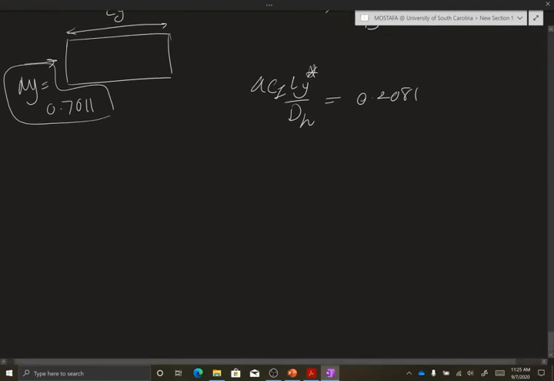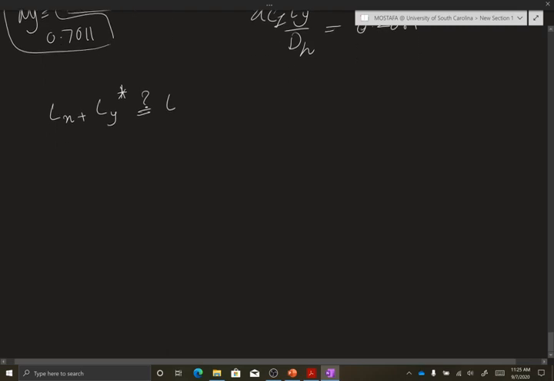The next step is to add Lx and Ly star and see how it compares to L. Just compare it to L, right?